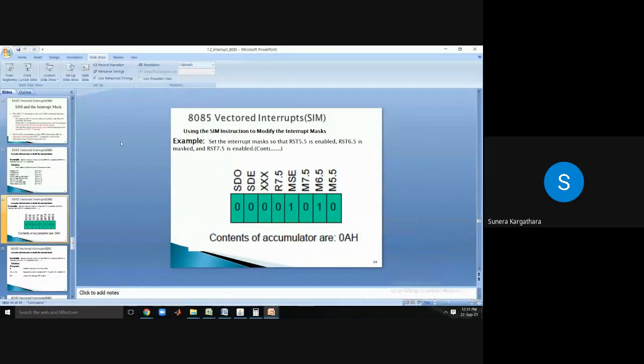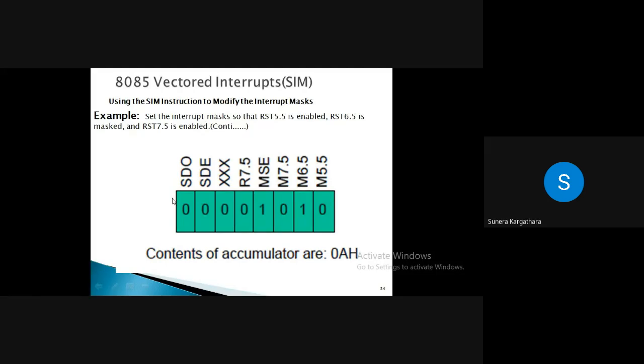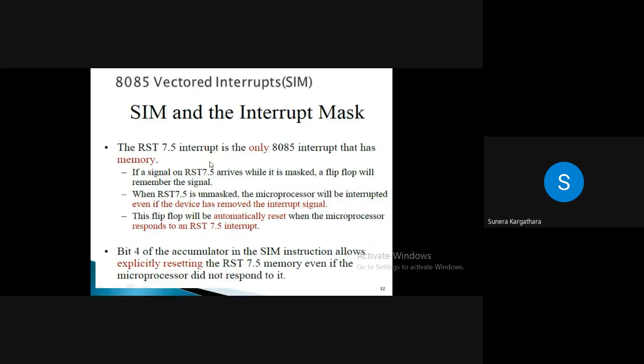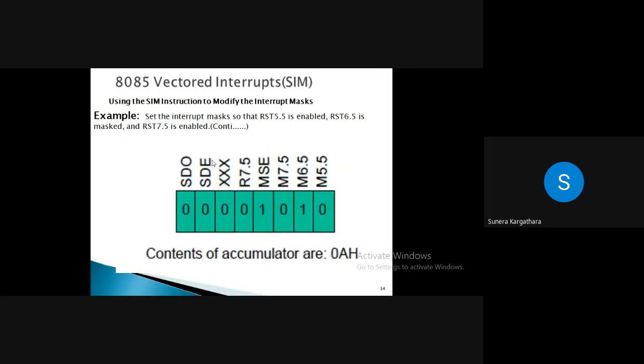Now this will give you an idea of how you can make this pattern. Suppose this is my pattern, what is your interpretation? See here, if the D6 bit is 0, that means you are ignoring your D7 bit.